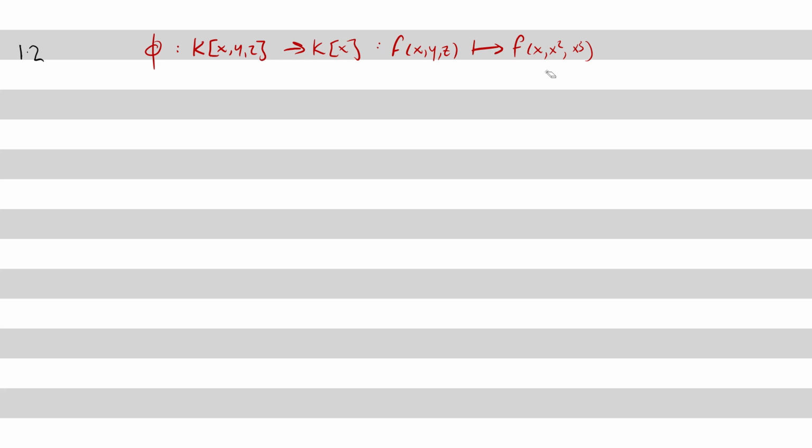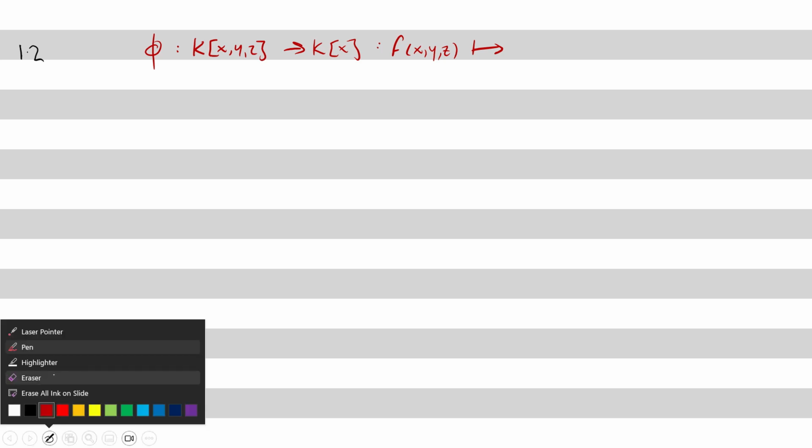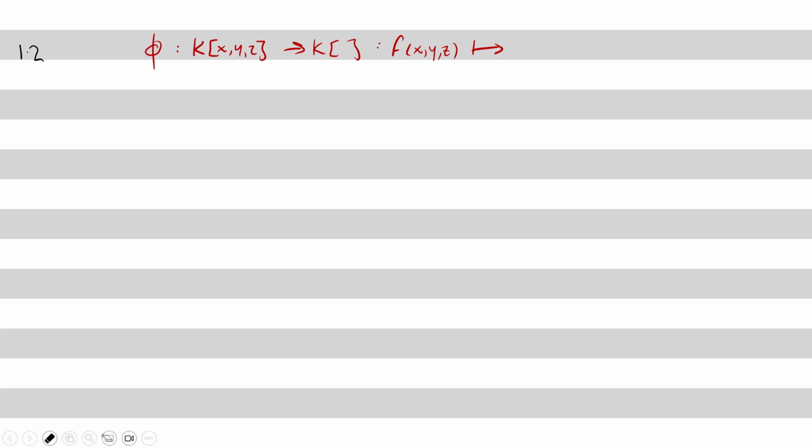I have written this wrong in my notes, my apologies. I should probably not use the same variable twice. Sorry. So f maps to f(t, t squared, t cubed).